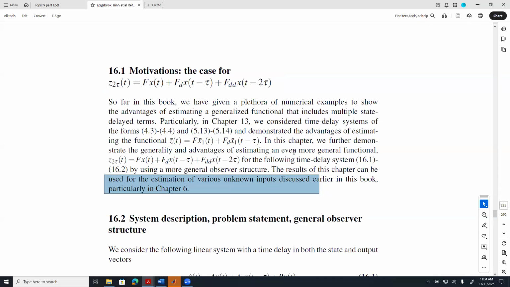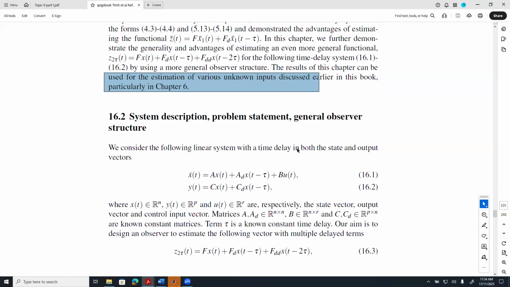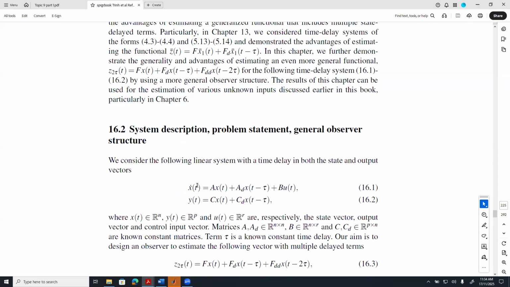So we come to that chapter 6 later on, but at the moment we just like to consider the estimation of this generalized functional for the following time delay system.